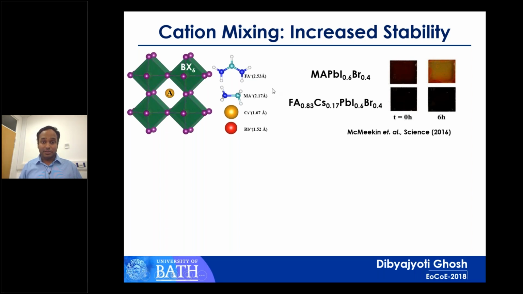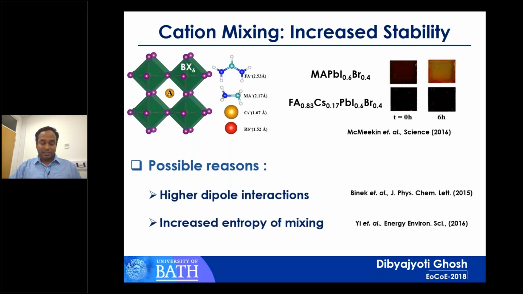But if you mix in a bit of formamidinium and cesium, surprisingly you find better stability. Different groups came up with different ideas or reasonings: it can be higher dipolar interactions enhancing the stability, or it can be the increased entropy of mixing giving the stability.